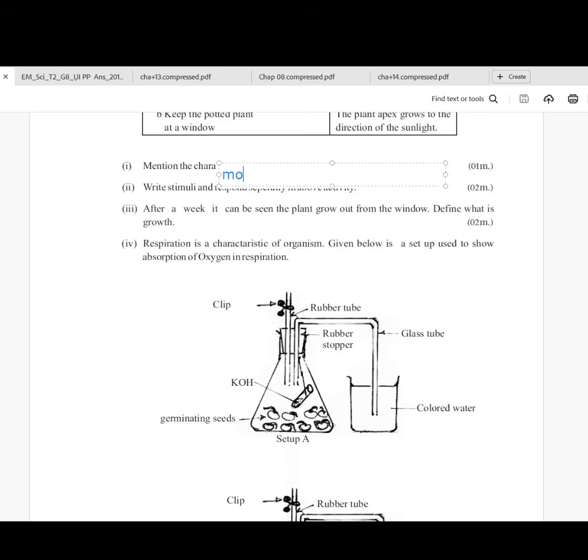Movement. Write stimuli and response separately in the above activity.